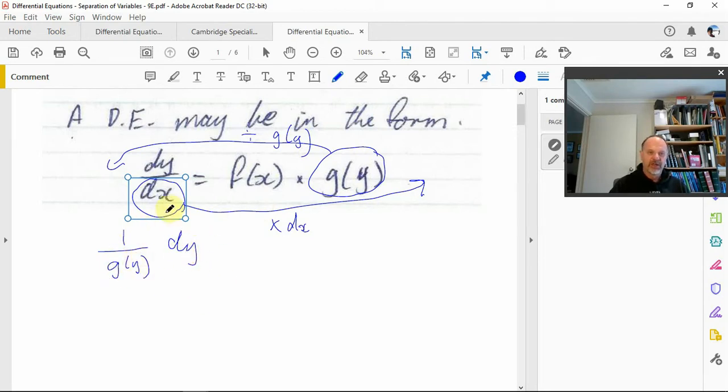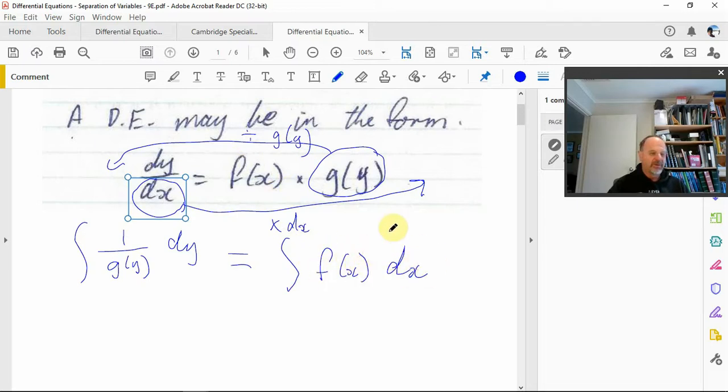Now, of course, that looks like an integral, so we need an integral sign. I mean, what I've said there really simplifies what the proper mathematics is, but it's effectively that anyway. And the other side over here, of course, is f of x dx.